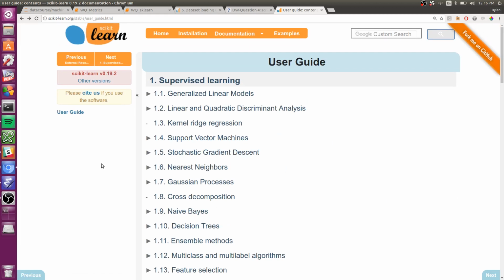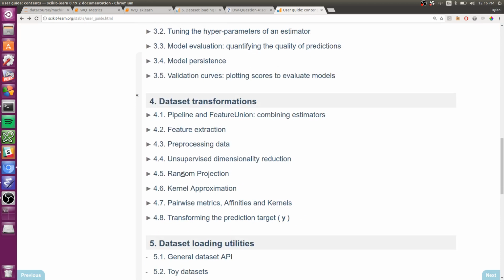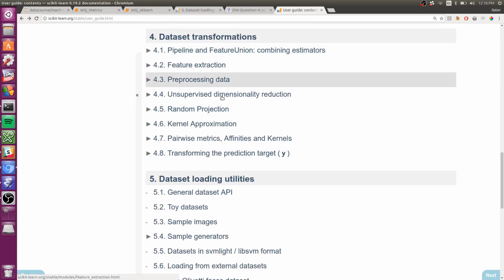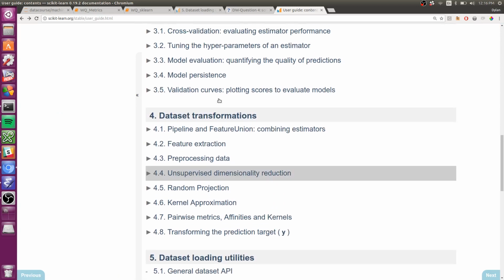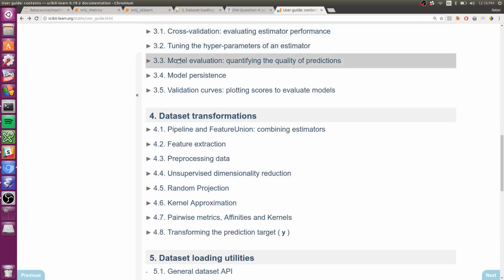I definitely suggest that you dive into the user guide, read up about different estimators in the supervised learning section, and different transformers in the dataset transformation section, as we are working with scikit-learn more in the future lectures.